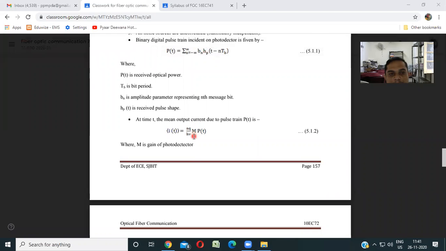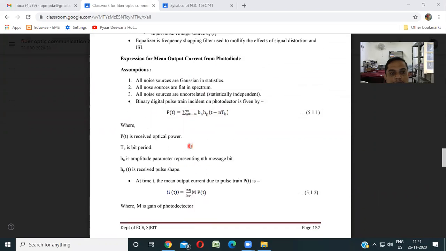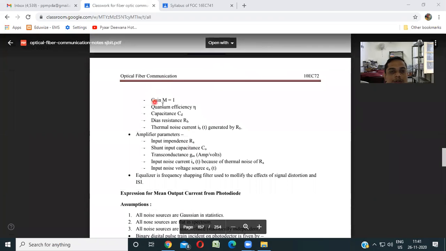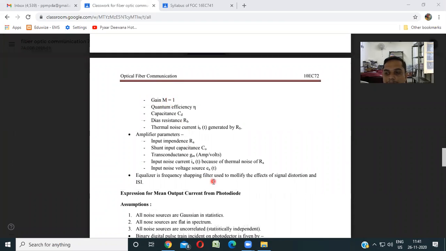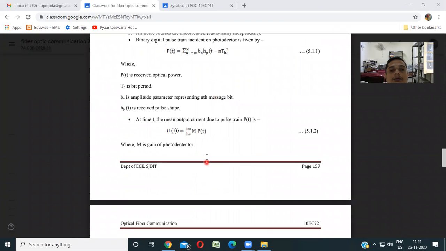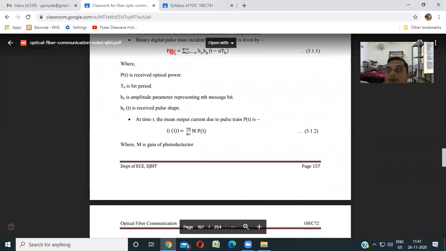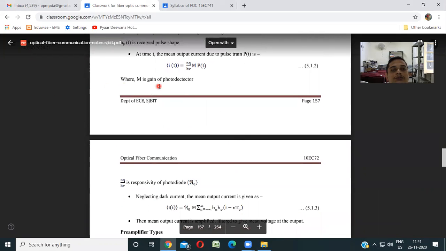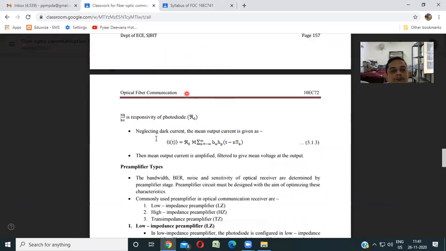M is the gain, which I have already explained. Here gain equal to 1. So M is the gain of the photodetector, and this is the response of the photodetector given by R naught.